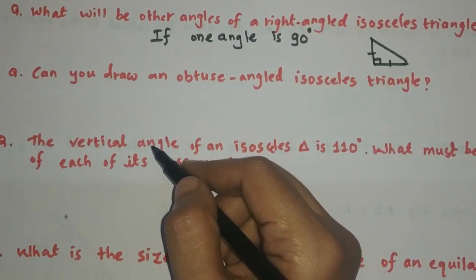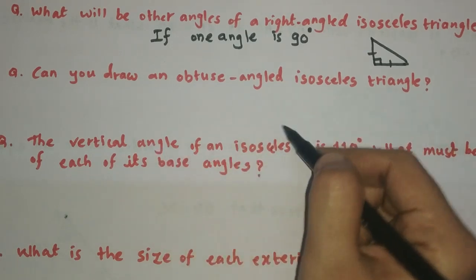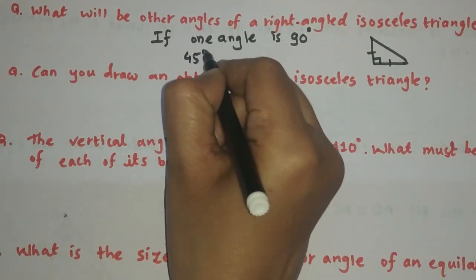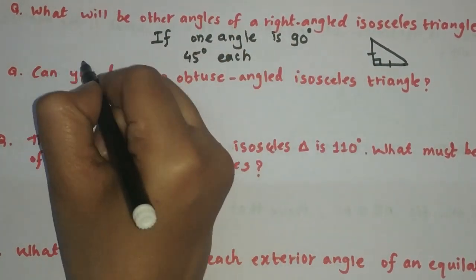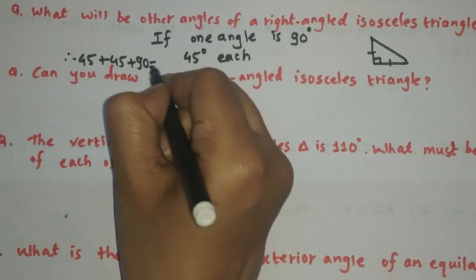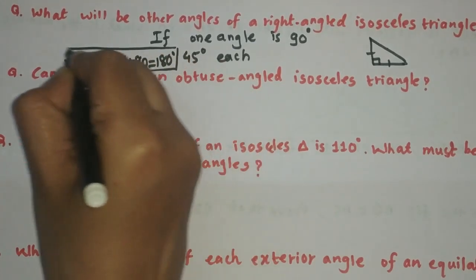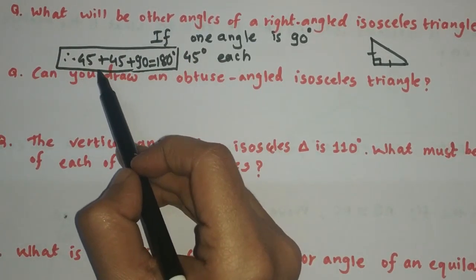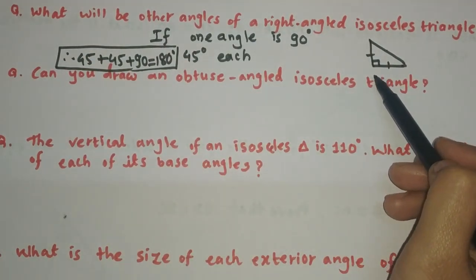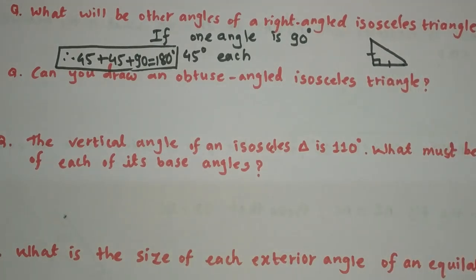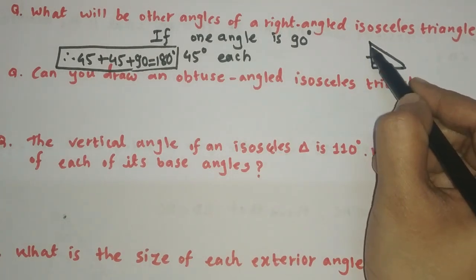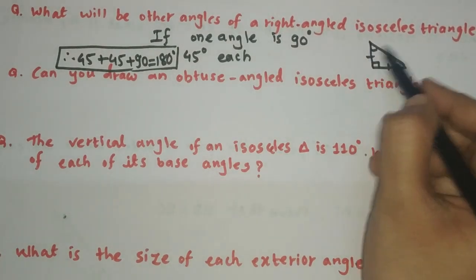If the other were also 90 degrees, that would be 90 plus 90, 180 degrees. So the remaining two angles are 45 degrees each. Therefore 45 plus 45 plus 90 gives 180 degrees. The remaining two angles are 45 and 45, acute angles, because one is 90 degrees. The remaining two angles are equal because they are base angles, opposite to the equal sides.